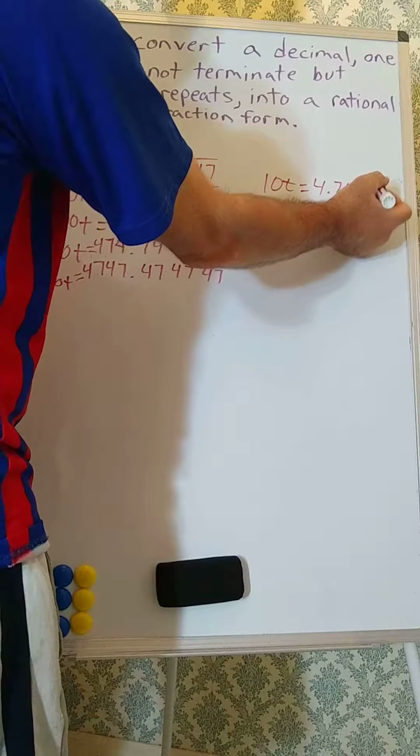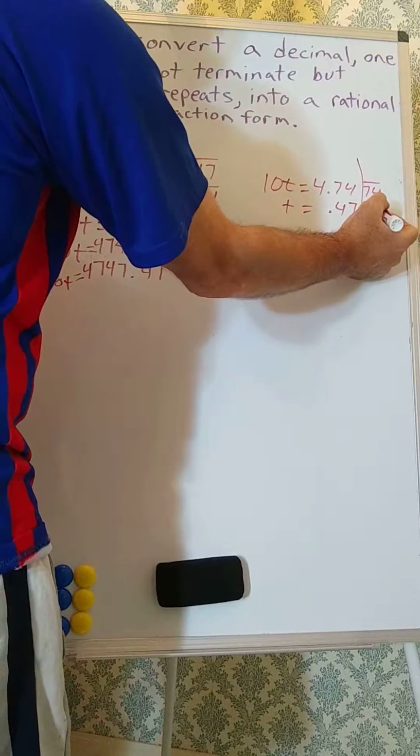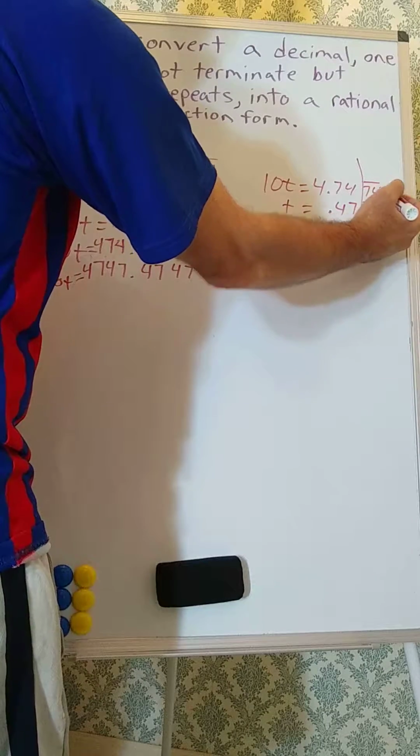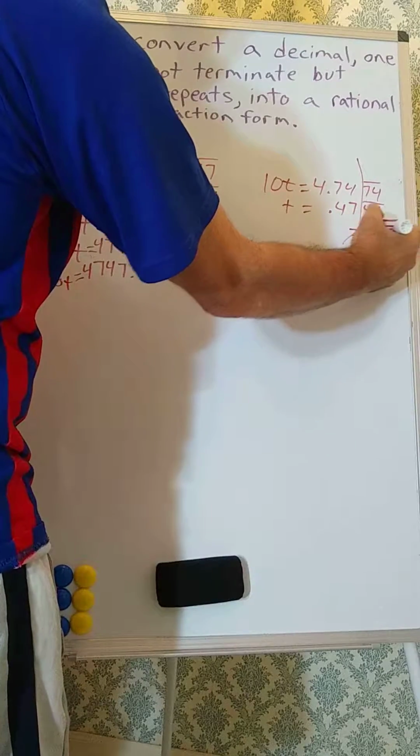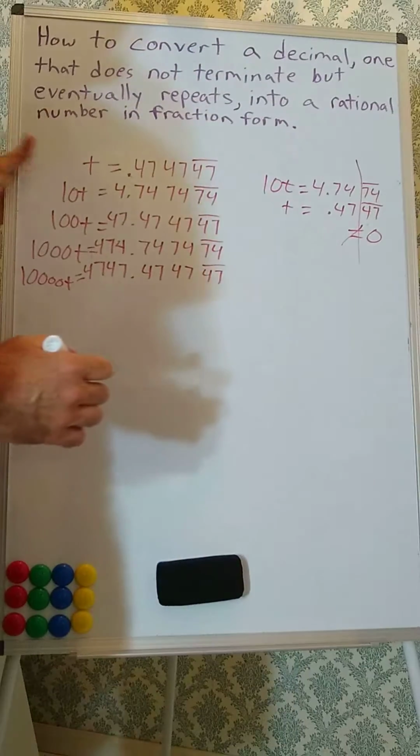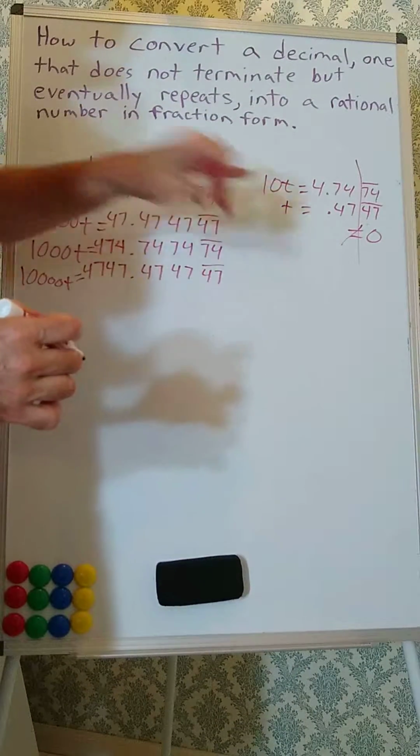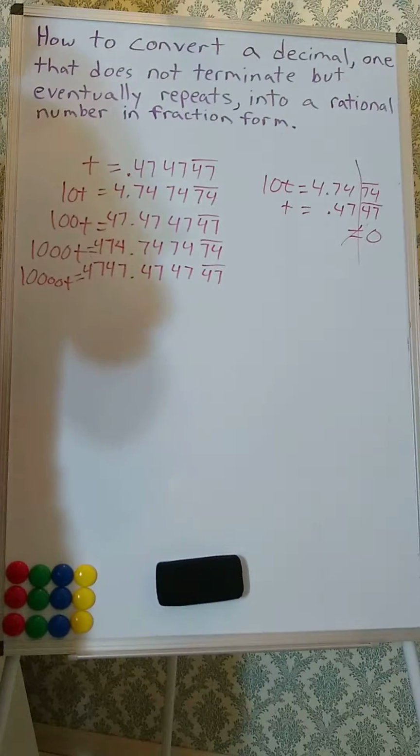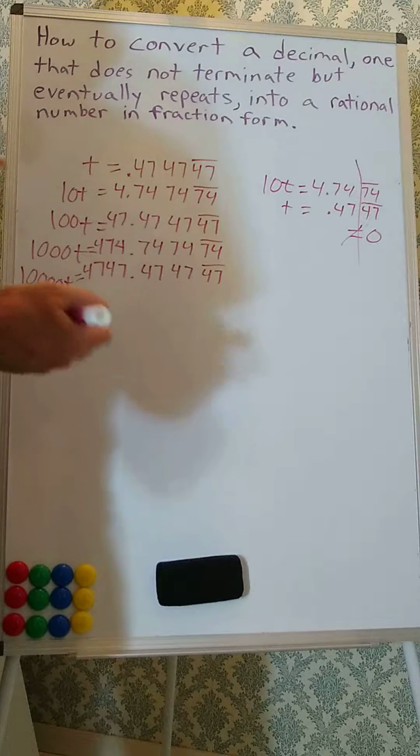If I subtract this repeating part from this repeating part, it does not equal 0, so using 10t and t will not work.